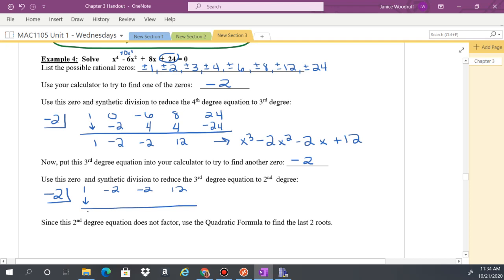So here I'm going to bring down the 1. 1 times -2, -2. -2 minus 2 gives me -4. -4 times -2, +8. -2 plus 8, 6. 6 times -2, -12. That gives me 0. So now I'm left with x squared minus 4x plus 6.